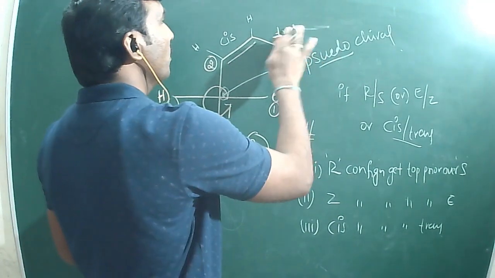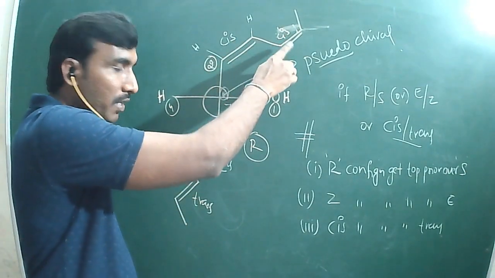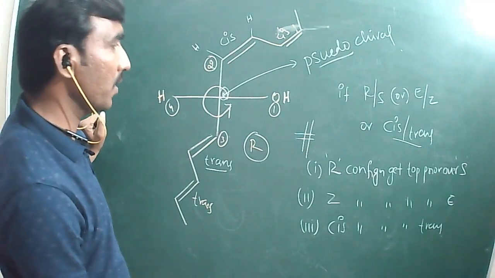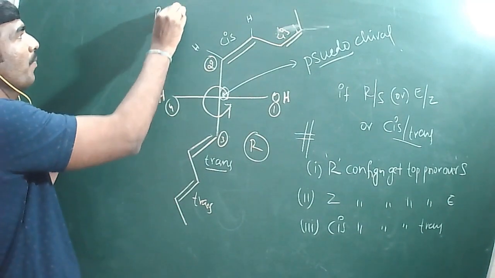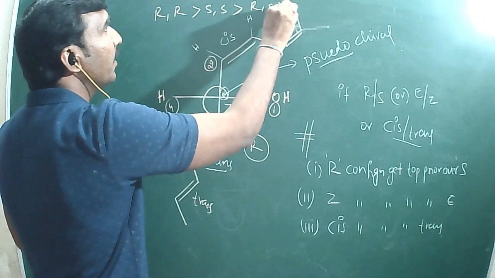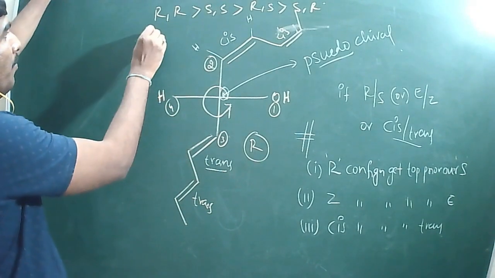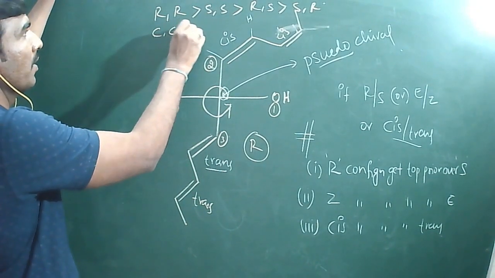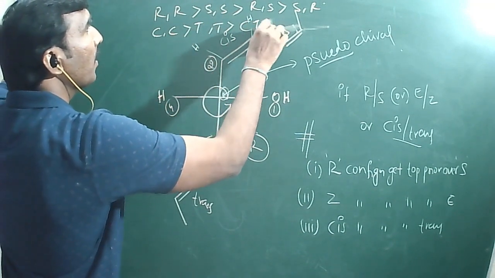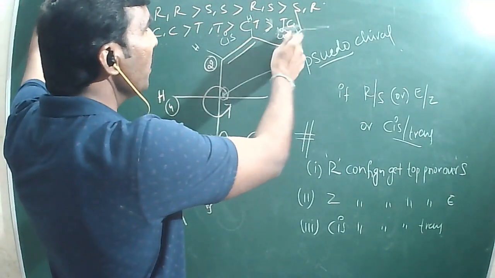For example, if I write cis 1, now who will get more priority? Cis, then trans. Means if more than one configuration is there, the order should be like RR will get more priority, then SS, then RS, then SR. Right. In the similar way, cis, then trans, then cis-trans, then trans-cis, and E-Z: ZZ, EE, ZE, EZ.